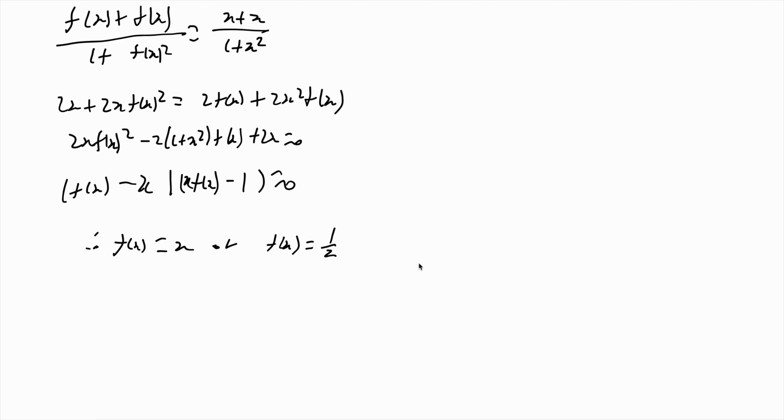It might look something like this, because we never know. It's f of x equals x or f of x equals 1 over x. So it may satisfy both conditions at the same time.